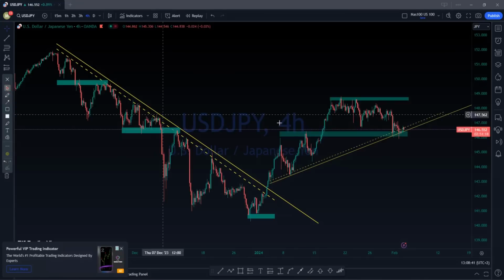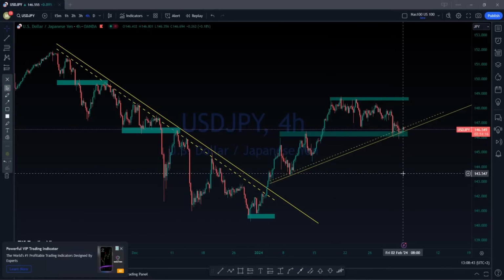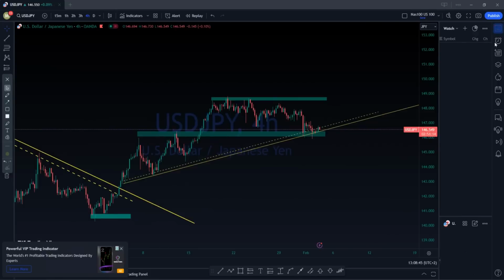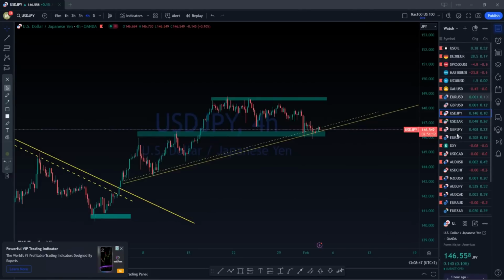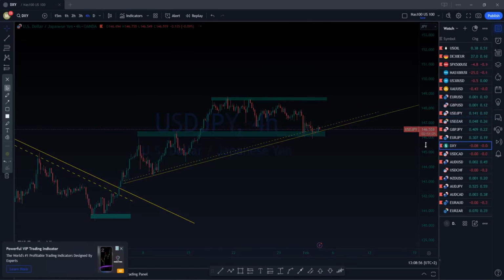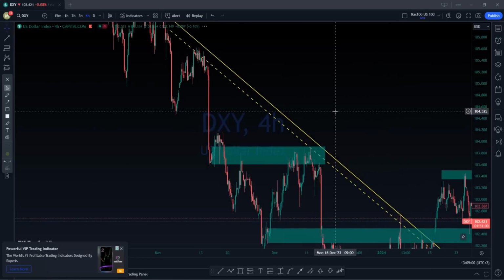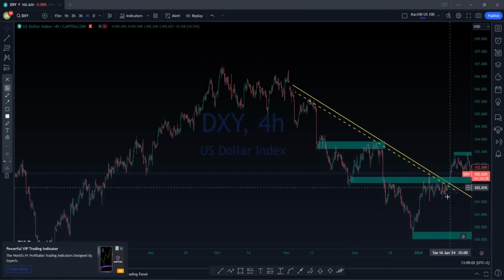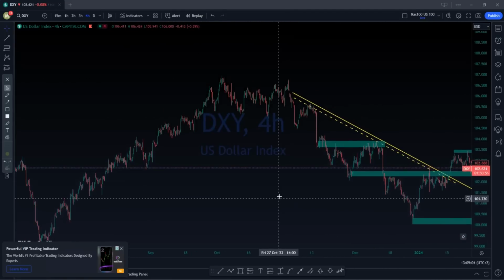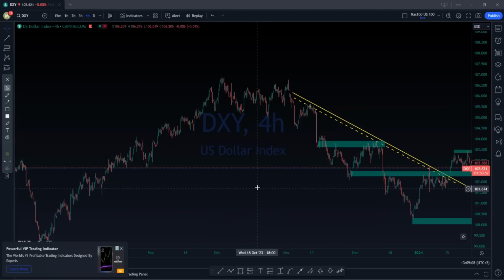Another way of confirming a breakout is to check the previous high, or the previous resistance or previous support. When the market moves, it creates support, resistance, support, resistance.